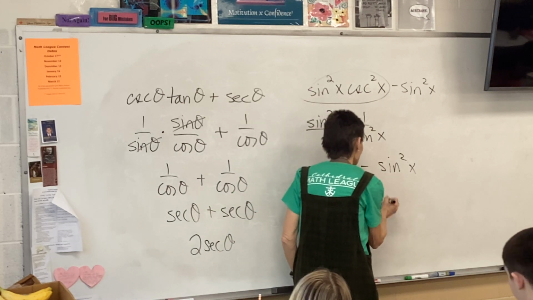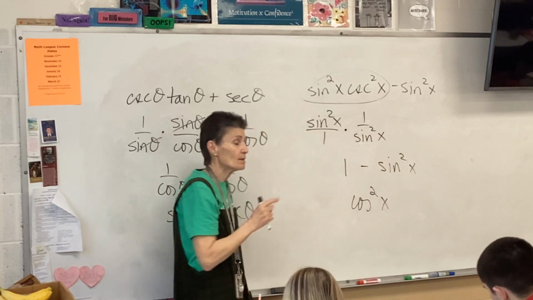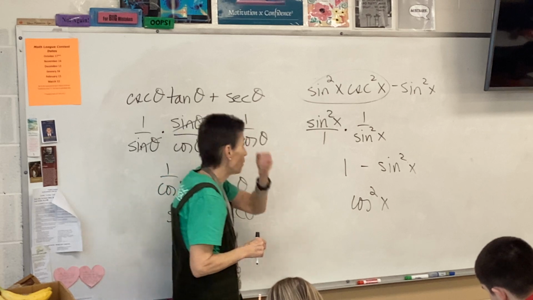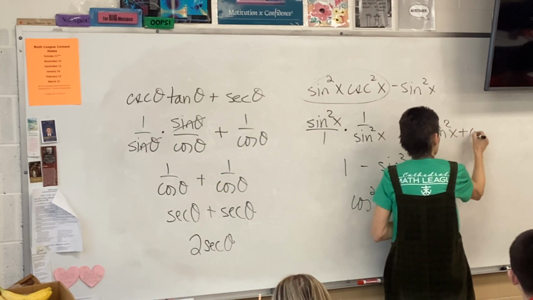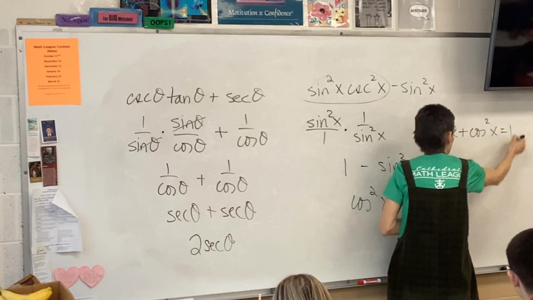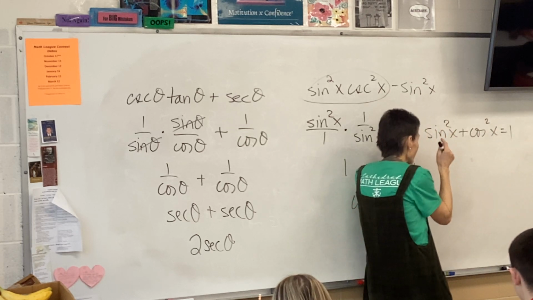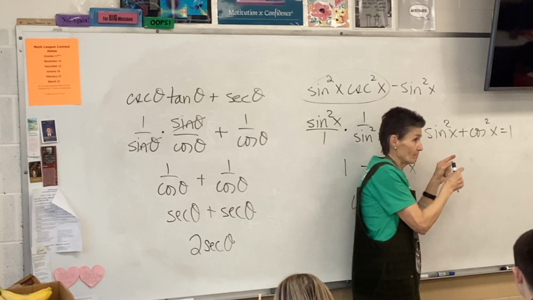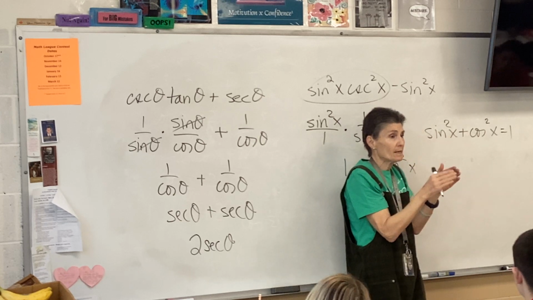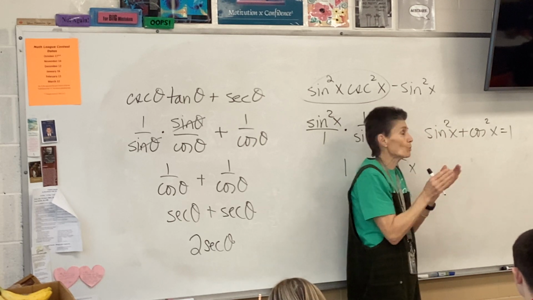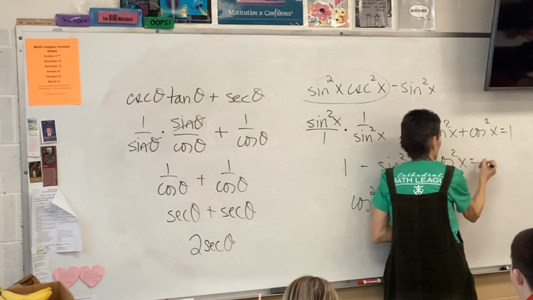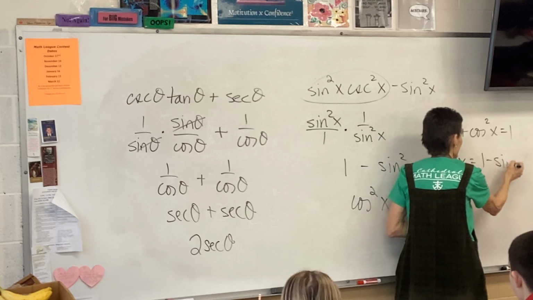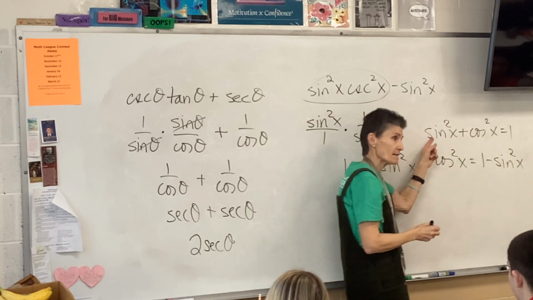Now, again, you guys, you're allowed to write anything you want on your reference sheet. So over there where it says sine squared plus cosine squared equals 1, remember that identity can be written in different ways, different orders. I can subtract the sine squared, move the sine squared over, and then it looks like that. These are the same equation.